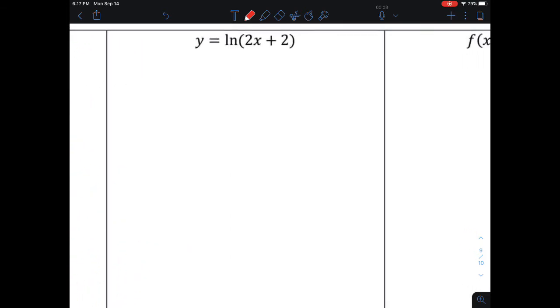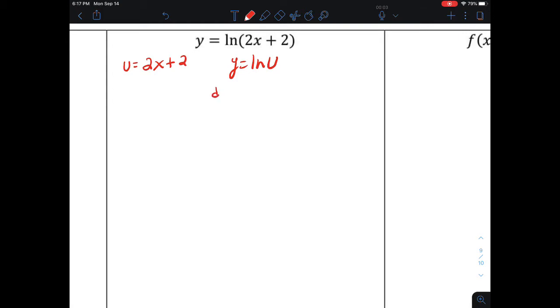So let's use our derivative rule to find the derivative of the natural log of 2x plus 2. If you wanted to use the u-substitution technique, I could say u is equal to 2x plus 2. Rewrite my problem as y equals the natural log of u.